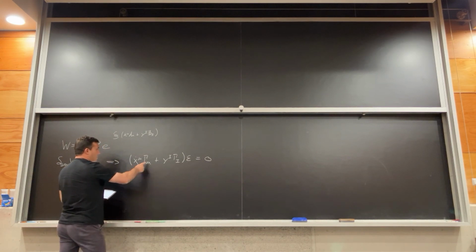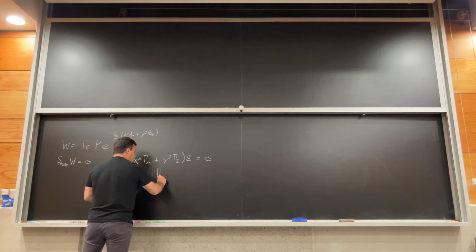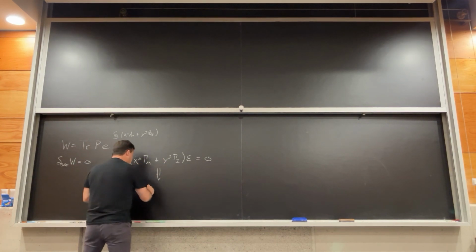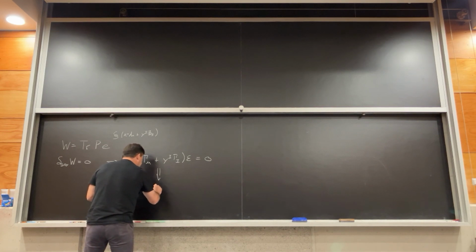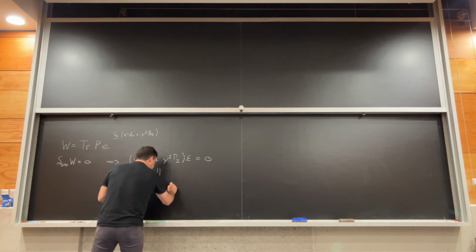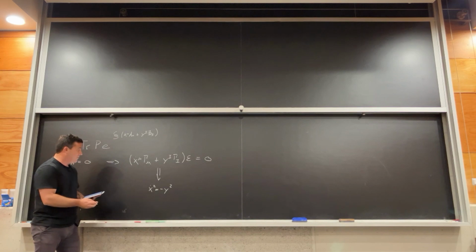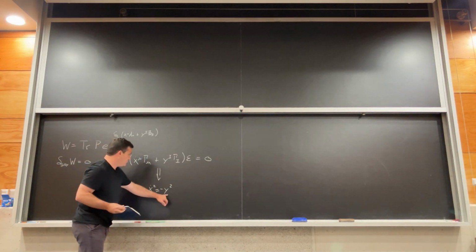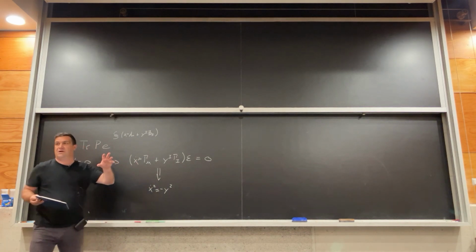So what I showed you was that if this is 0, then it must be true that x dot squared was minus y squared. And I didn't write it in this way. I wrote it with a vector n, just because I chose to write y as x dot times n.